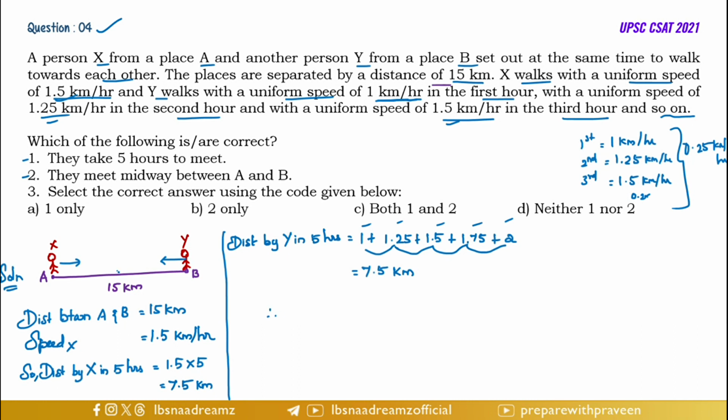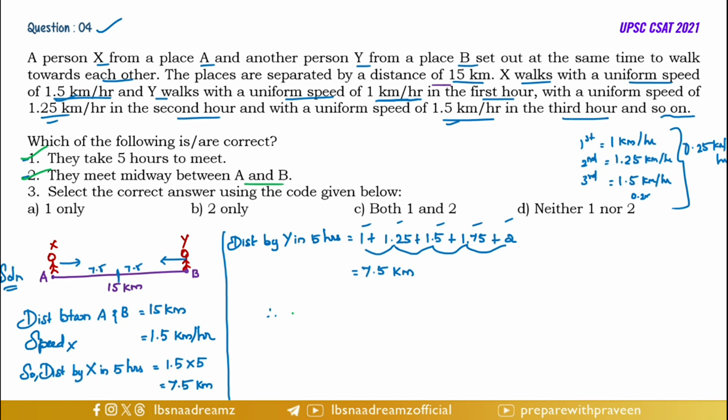Therefore, what is the midpoint of 15? 7.5 and 7.5. So option A is correct. They meet midway between A and B. Yeah, option B is also correct.